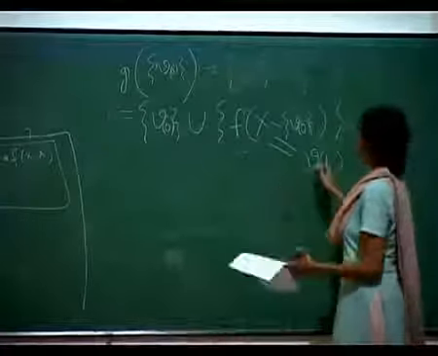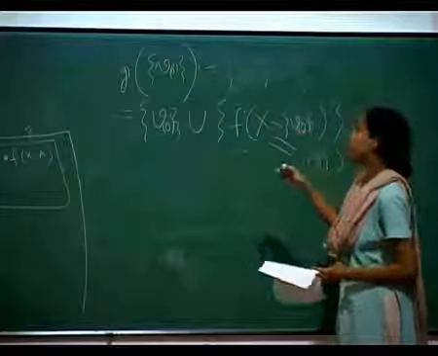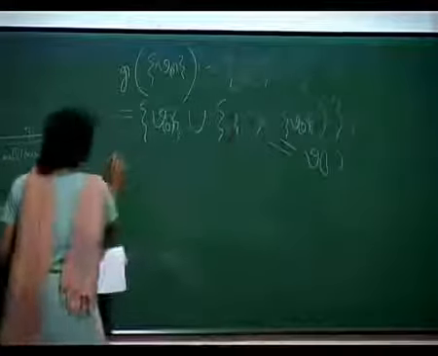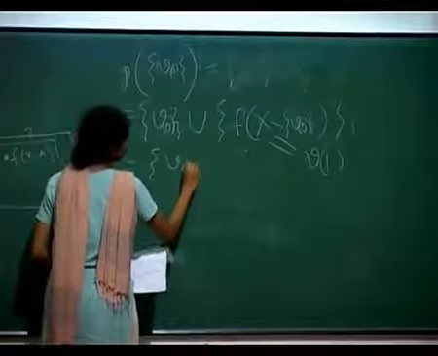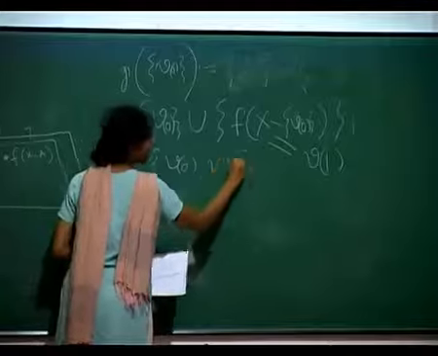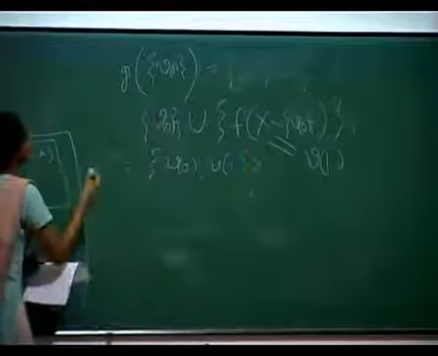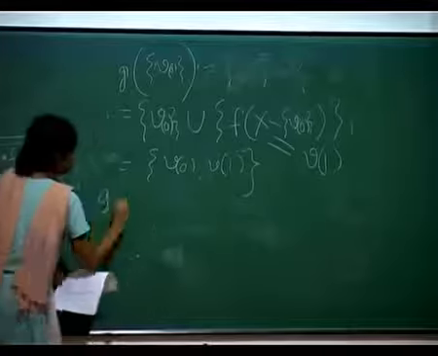So now what is G of this? This is really the set V0 and V1, union of 2 points. Now what is G of this set?